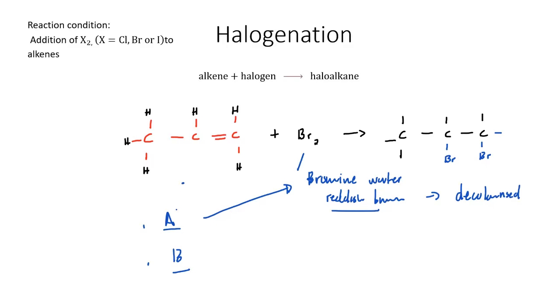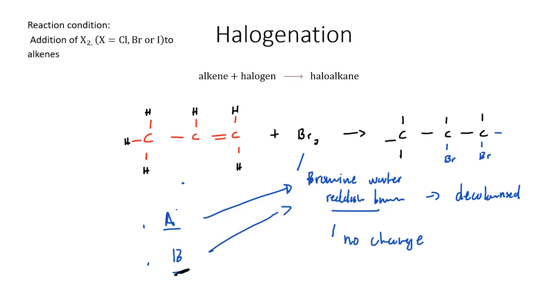So let me get this clear. Unsaturated organic compounds, when you react them with bromine water, they decolorize bromine water. If I react B now with bromine water and there is no change at all, no change in the particular color, it means B is saturated.